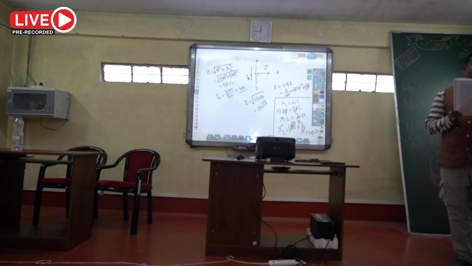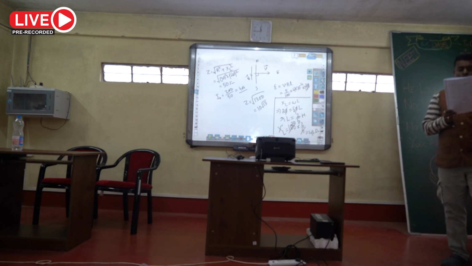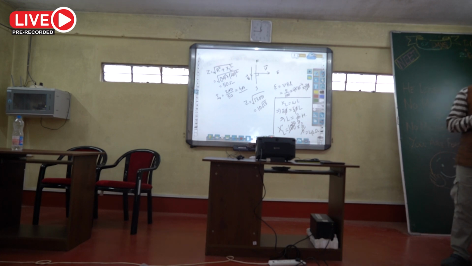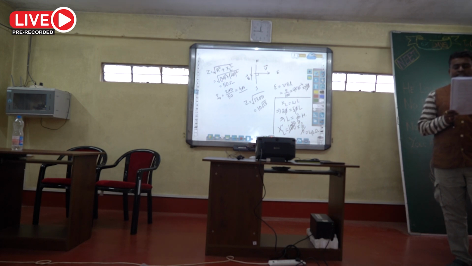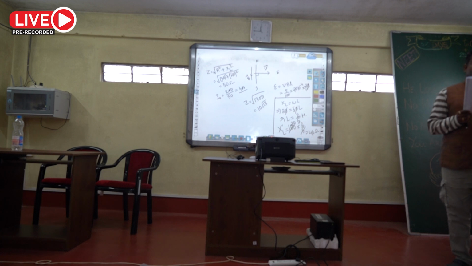Question number 37. A plane electromagnetic wave, E equal to 100 cos of 6 into 10 to the power 8 t plus 4x volt per meter, where x is in meter and t is in second, propagates in a medium.